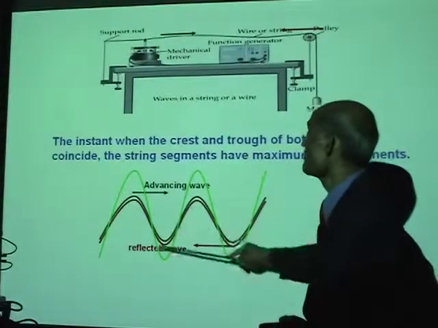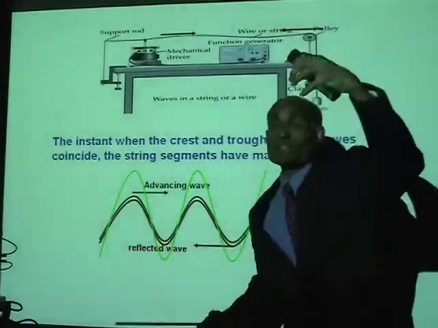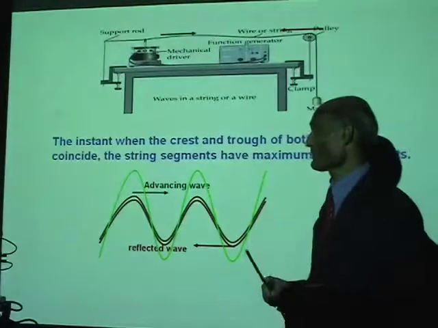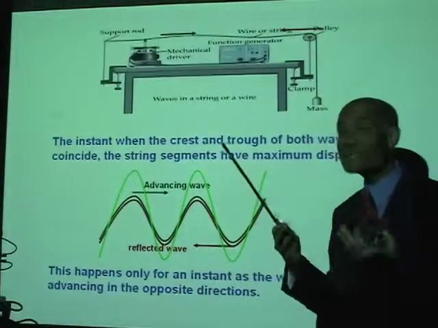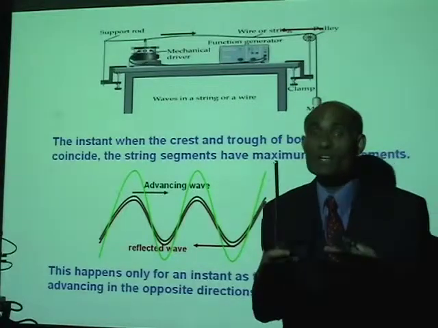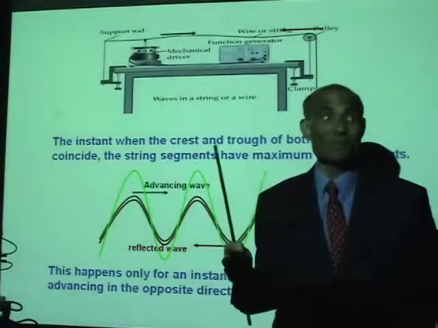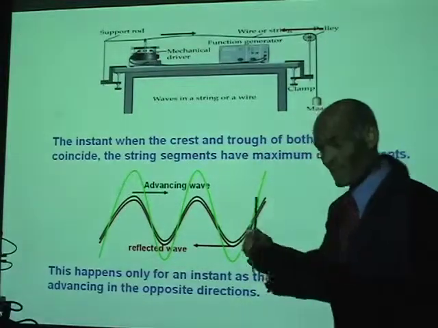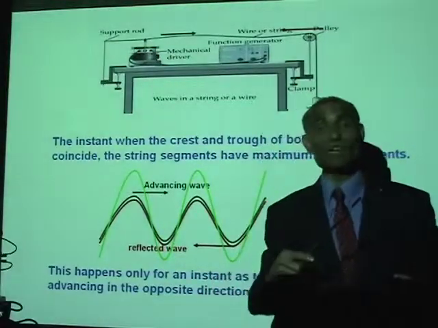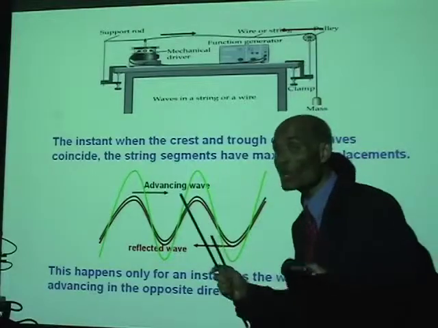So the string will vibrate with maximum displacement. That's what you actually saw. Alright, this happens only for an instant. Why is this only for an instant? Because the green wave is moving to the right and the red wave is moving to the left. So this situation will not last.